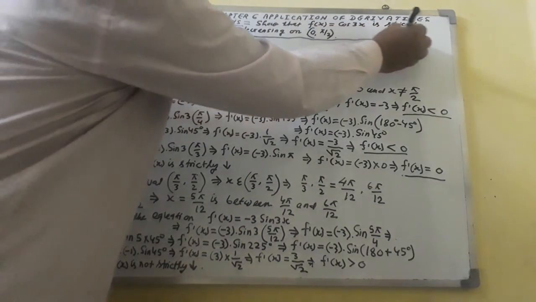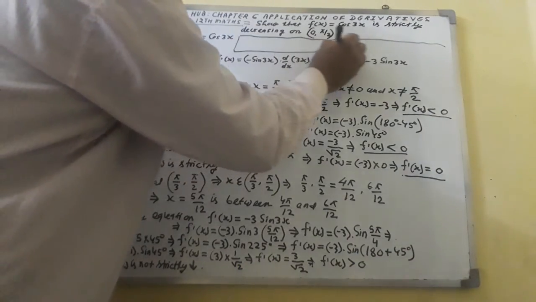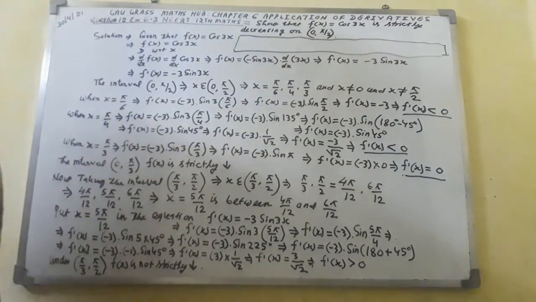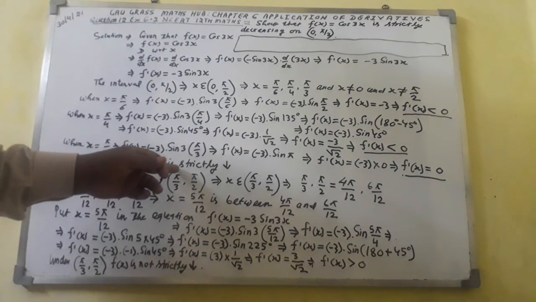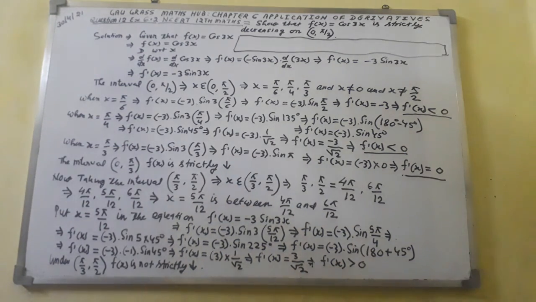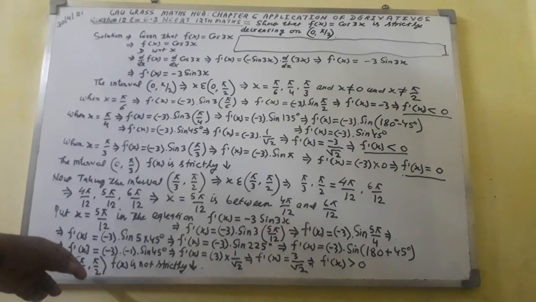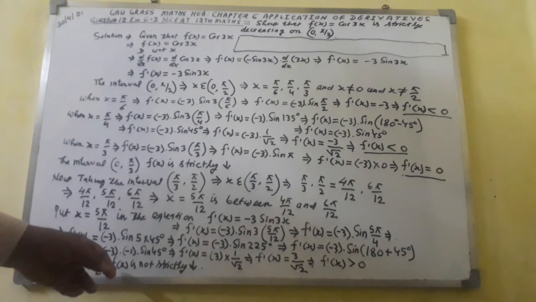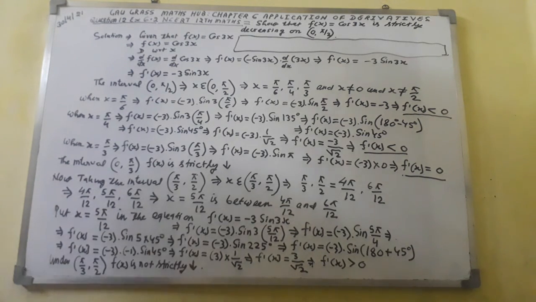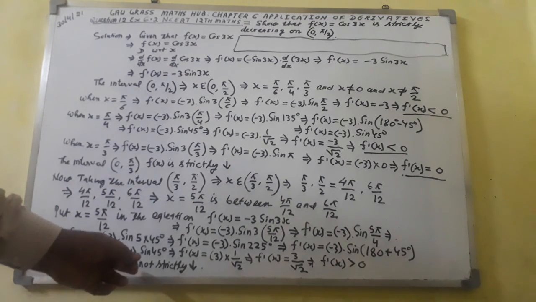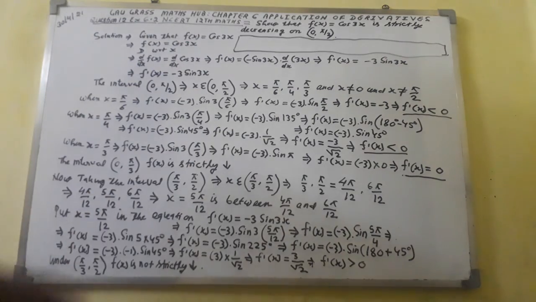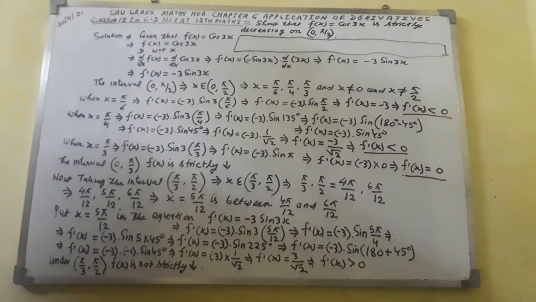In a nutshell, here you can see under open interval 0 comma pi by 3, f of x is strictly decreasing, and in open interval pi by 3 comma pi by 2, f of x is not strictly decreasing. Contradictory words are given here.